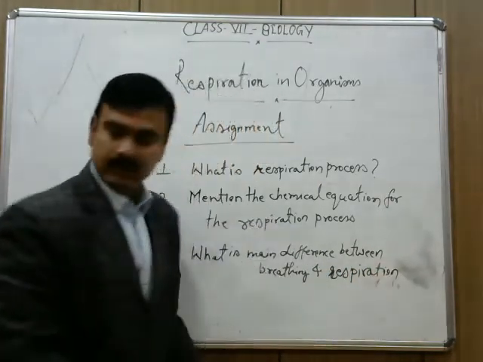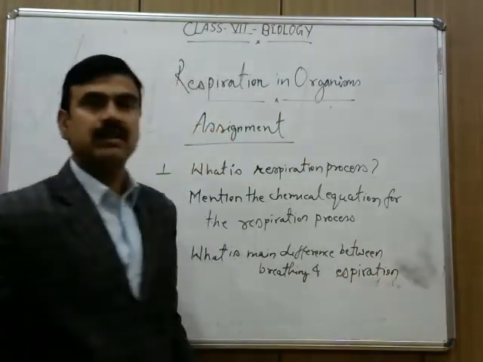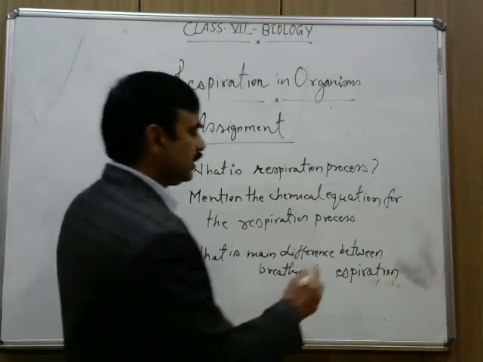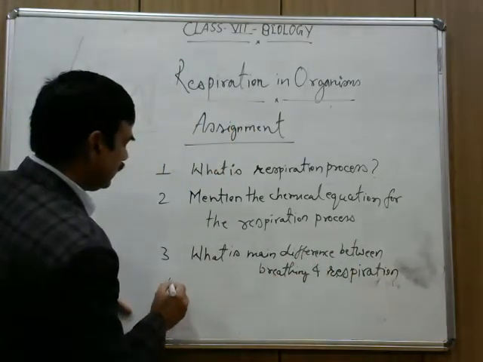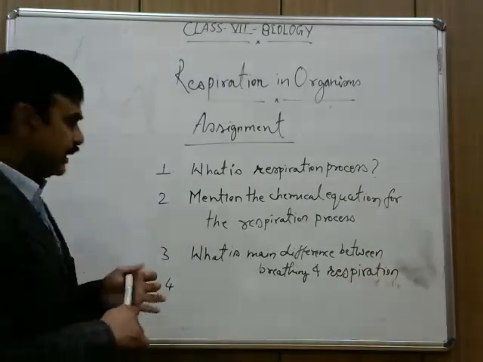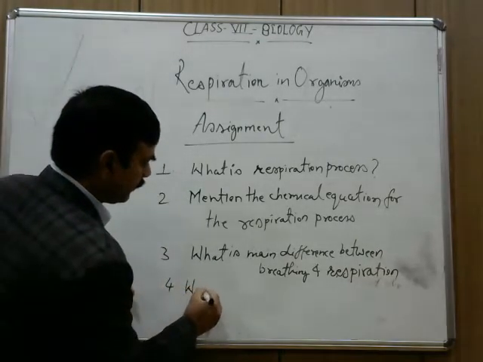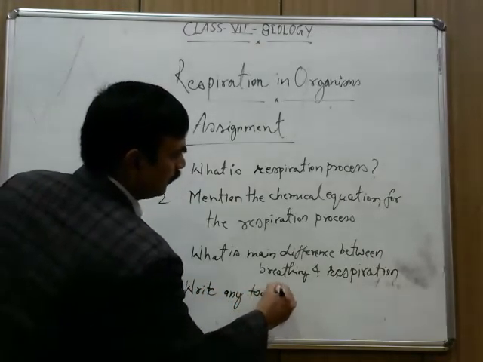With the help of a table you can write that breathing is an external process and respiration is an internal process, right? Number 4: write any two differences between aerobic and anaerobic process.